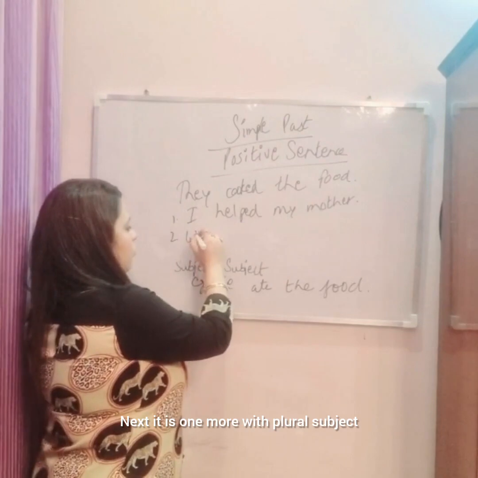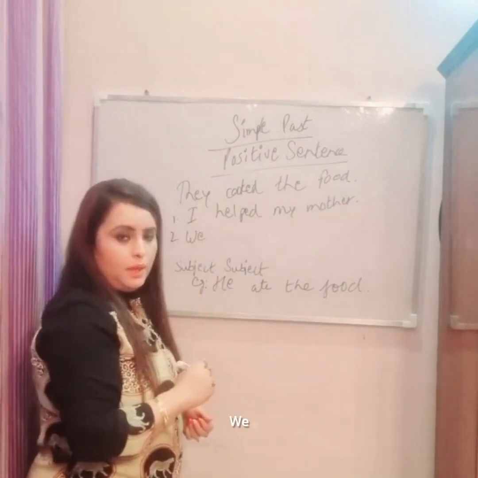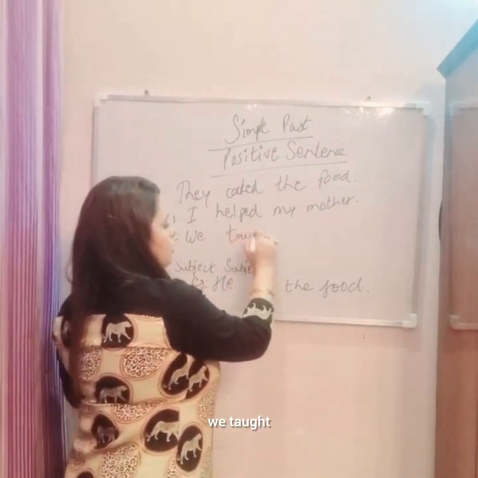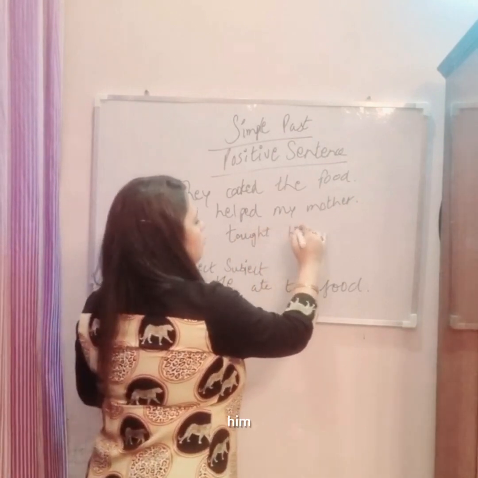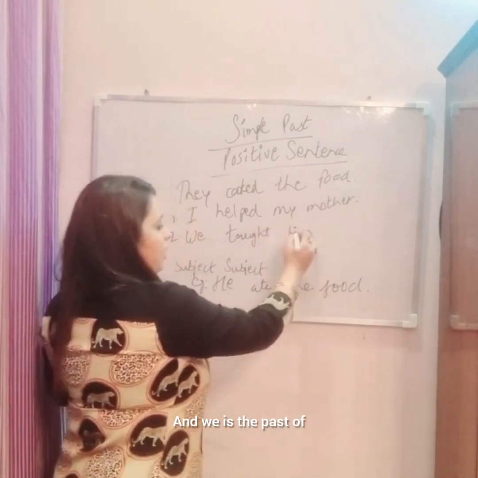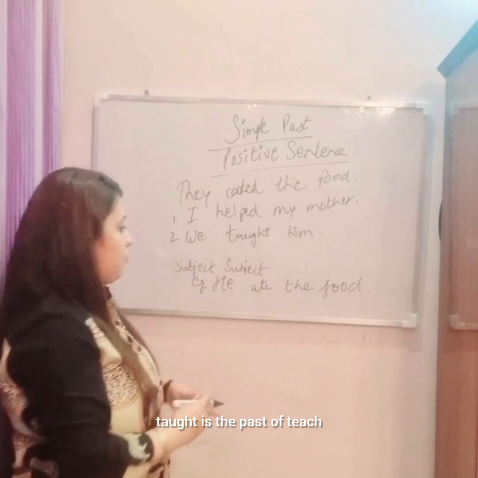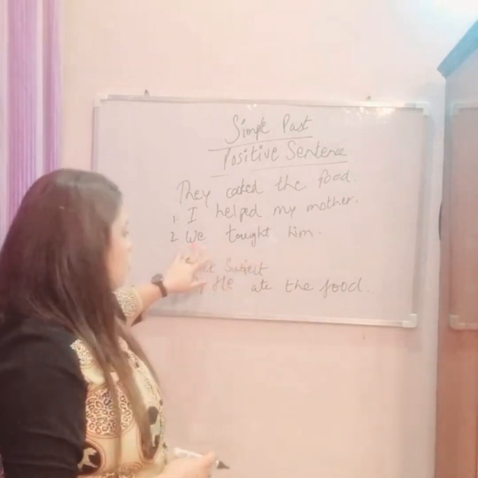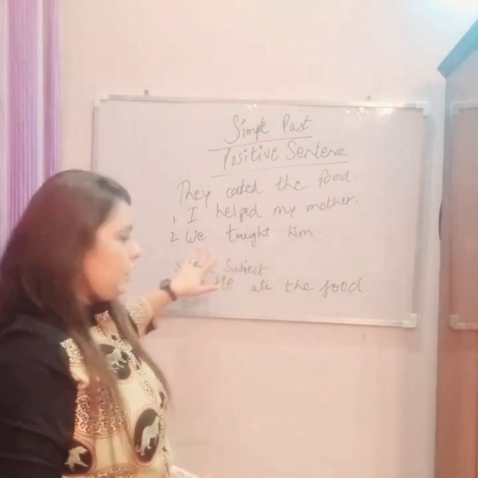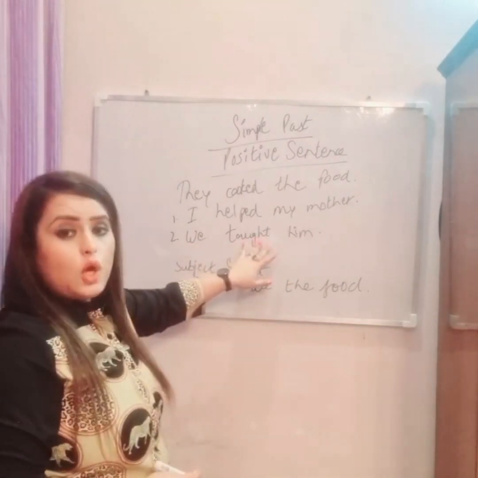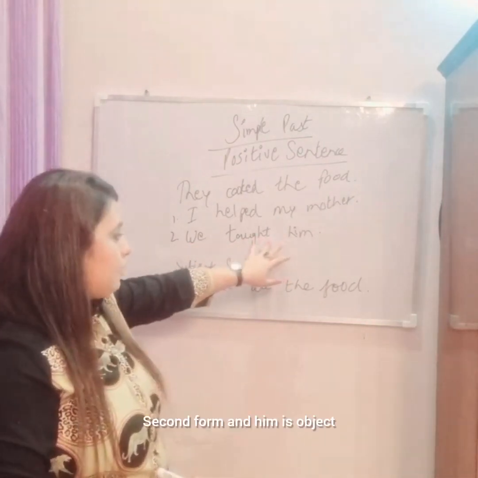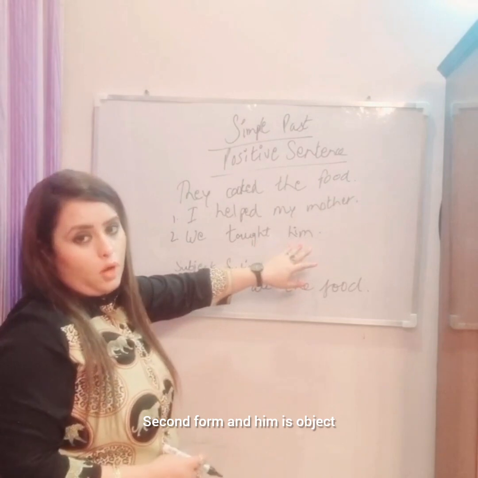Next, one more with plural subject. We taught him. Taught is the past of teach. So we taught him. We is the plural subject, taught is the verb second form, and him is the object.